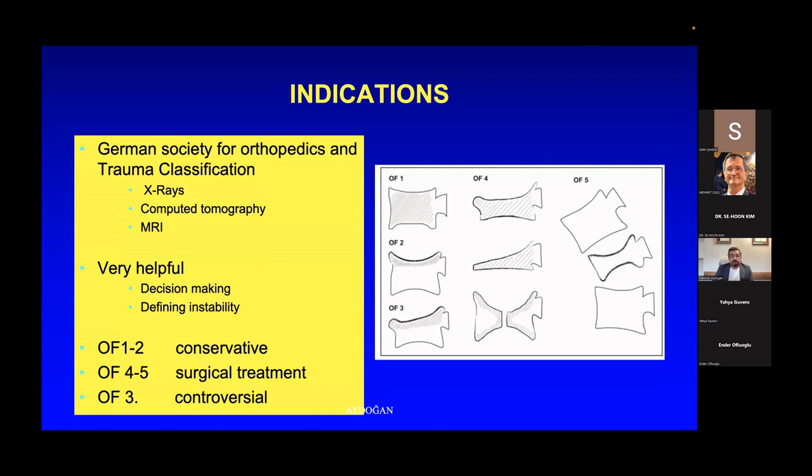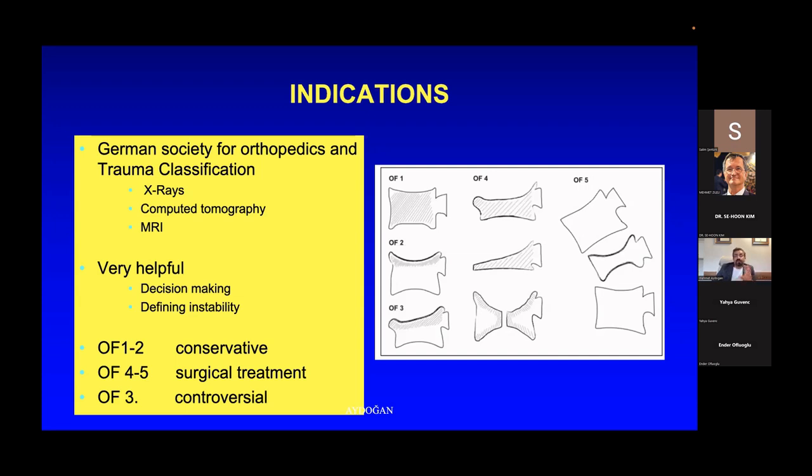The well-known classification system is made by German Society of Orthopedics, and we call it osteoporotic fracture classification, based on the patient's X-ray, computer tomography, and MRI. It's very helpful for decision making and defining stability. Then we can decide what type of fracture needs surgery and what types are not.